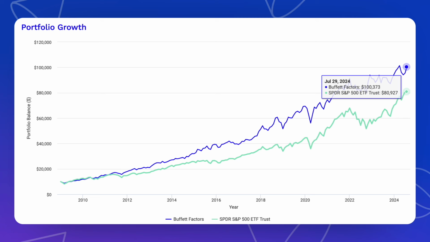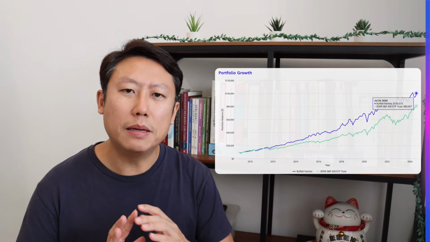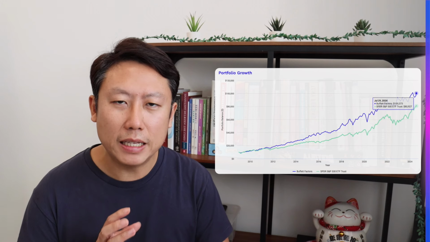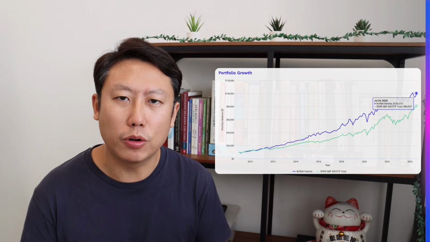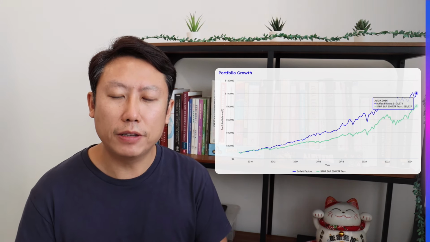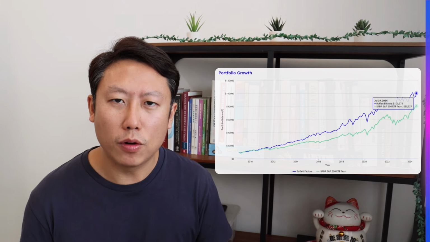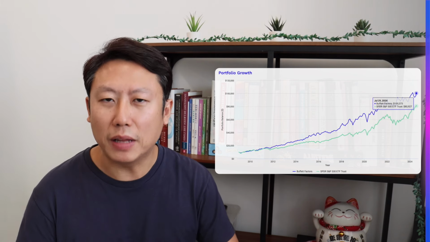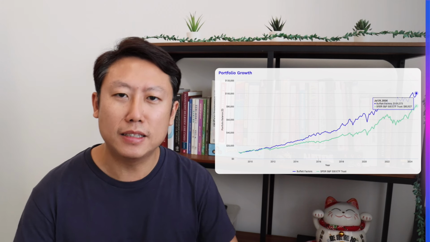So indeed, this portfolio delivered a higher return, but that's not the important thing. One of the key aspects of Buffett's portfolio, or Buffett stocks, is that they are relatively more stable than the overall market, because of that low beta, low volatility nature.